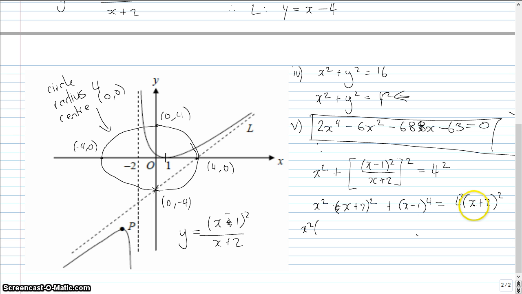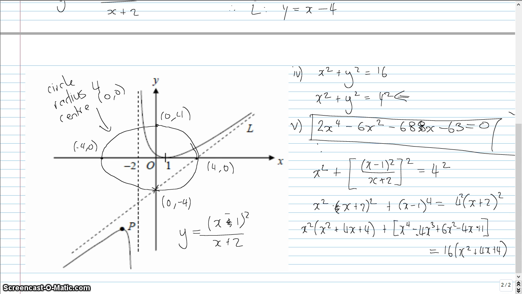Expanding that out, x squared plus 4x plus 4, plus this will be x to the 4, take 4x cubed plus 6x squared, take 4x plus 1, is equal to 16 times (x squared plus 4x plus 4).